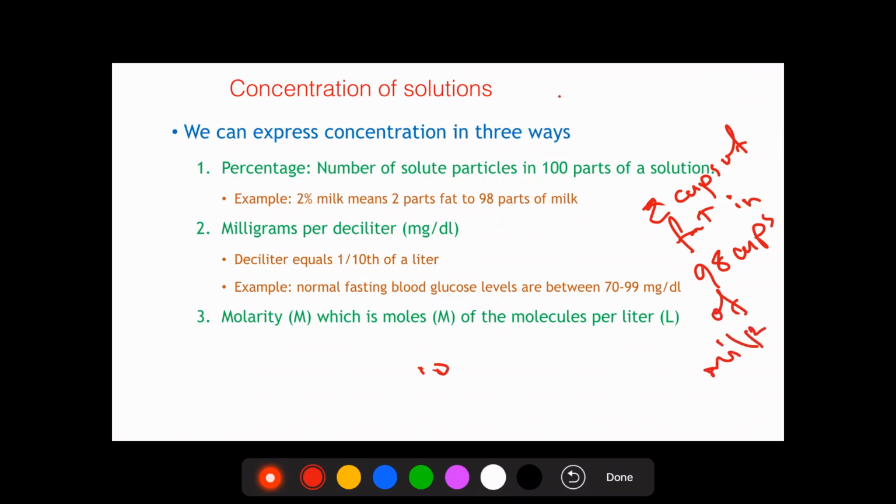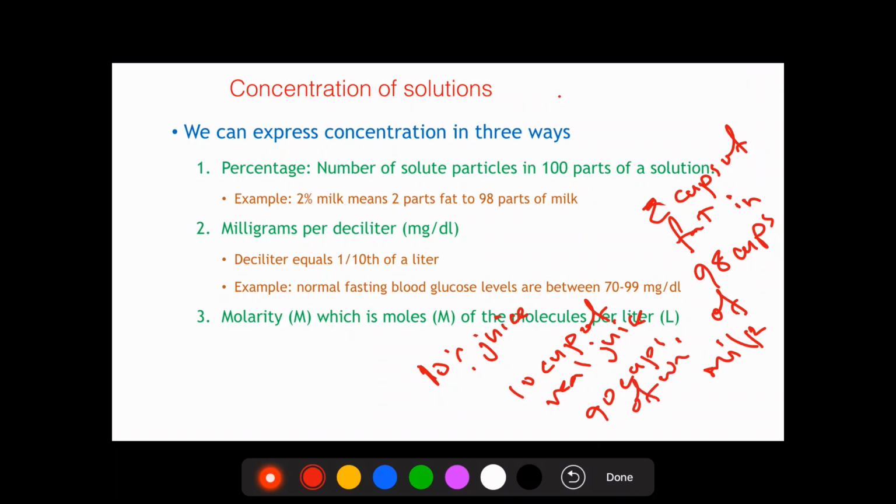Or when they say 10% juice, it means 10 cups of real juice in 90 cups of water, and so on. When we say 1% salt, it means 1 gram of salt in 99 grams of water, and so on. So this is the percentage.